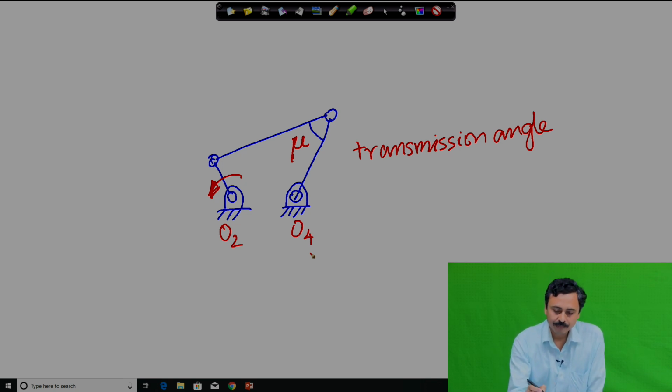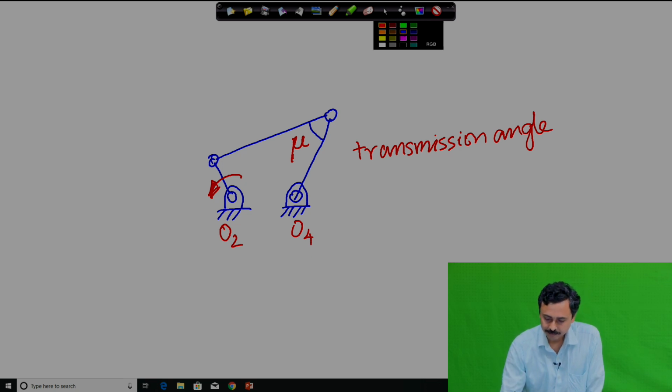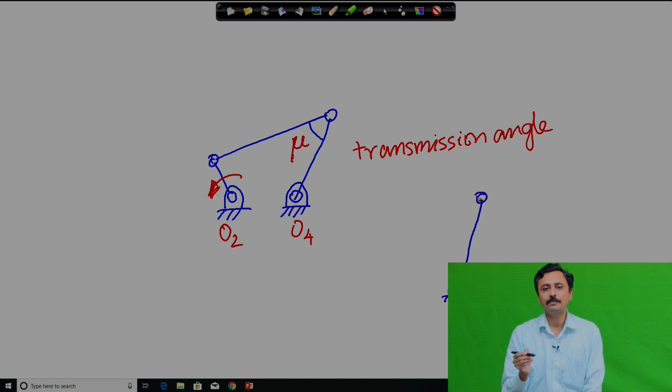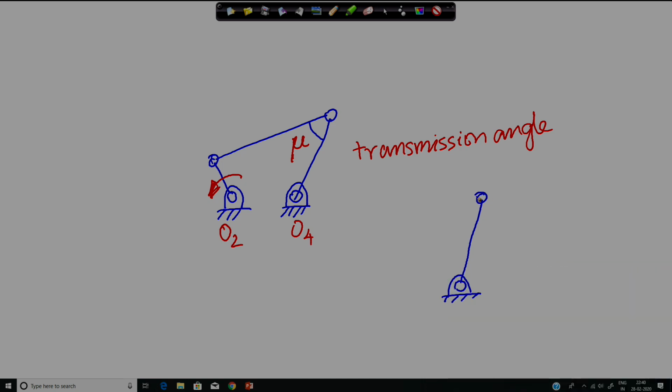In that case, the force that gets transmitted, you already have the concept of two force members, right? You have the concept of two force members. So, in a two force member the forces are always along the member.